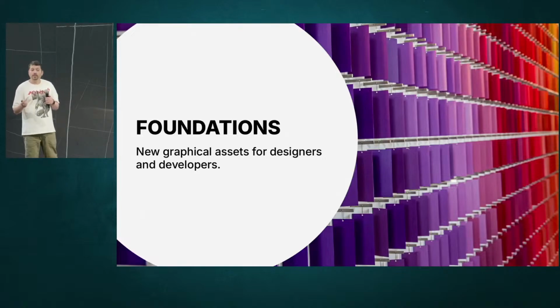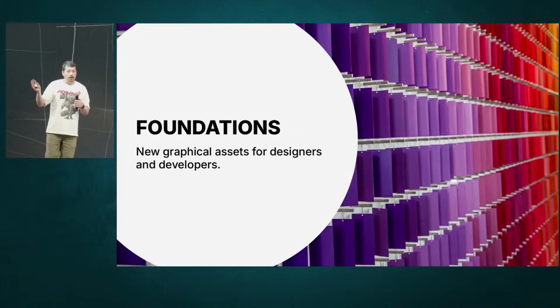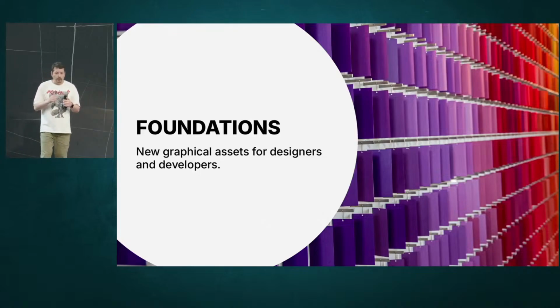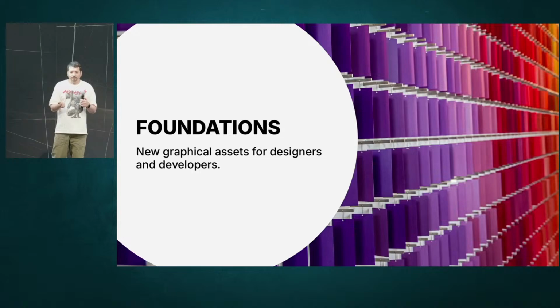And the values that each of these foundations contain are decided generally by a group of designers that say, hey, this is our brand identity. We're going to create a set of colors that represent us, but we're going to make enough shades of the color so that you can actually work with them a little bit easier, and you can go up and down, left and right, and you can kind of tweak this.